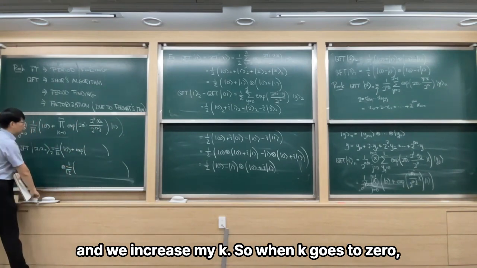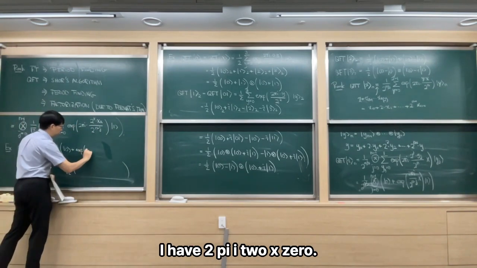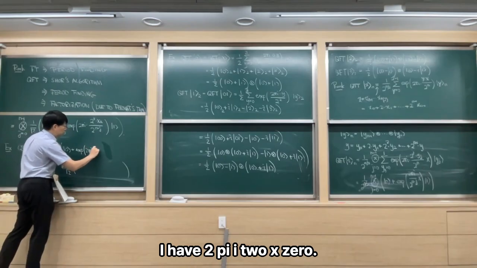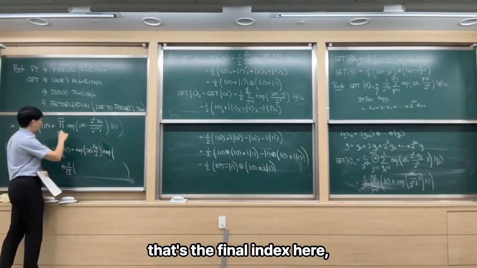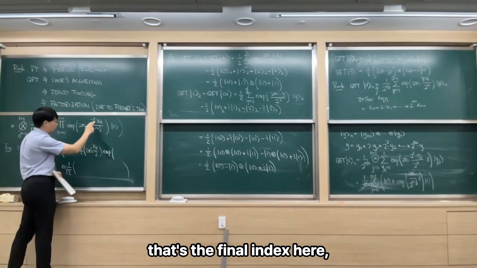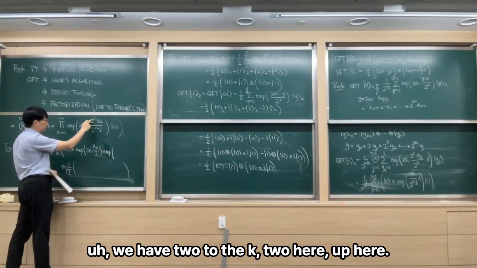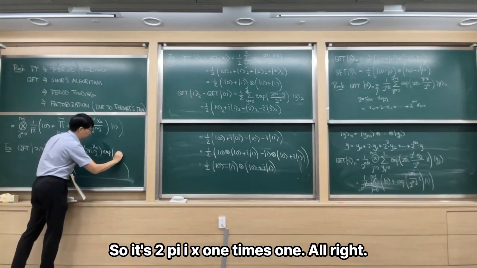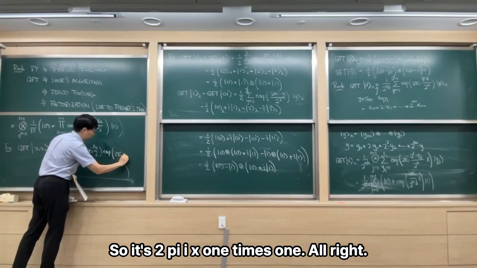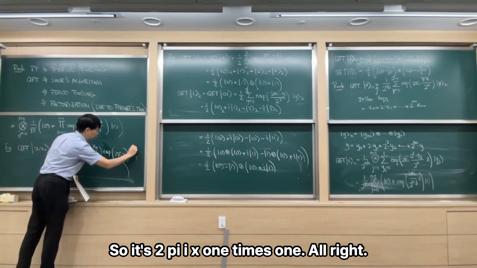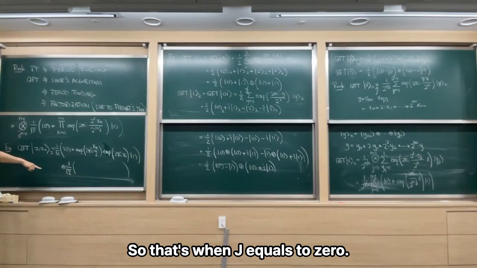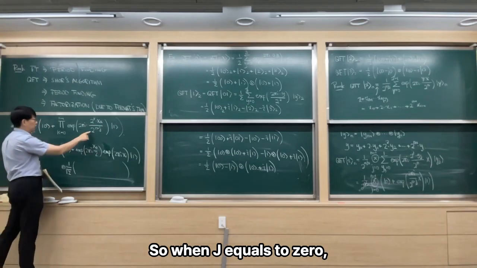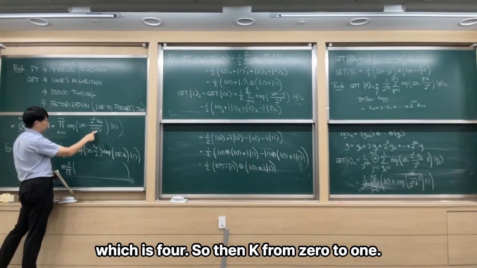So when k equals 0, I have exponential 2 pi i 2x0. And when k equals 1, that's the final index here, we have 2 to the k, 2 here, up here. So it's 2 pi i x1 times 1, right? And how about here? So that's when j equals 0. So when j equals 0, we start from 2 to the n, which is 4.